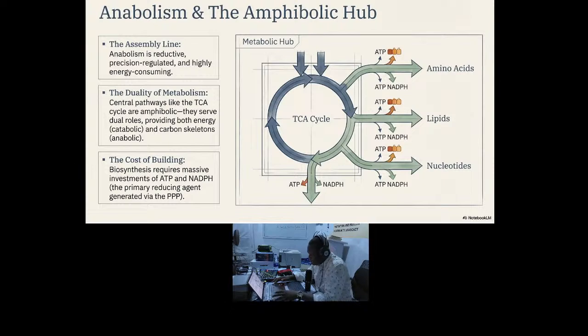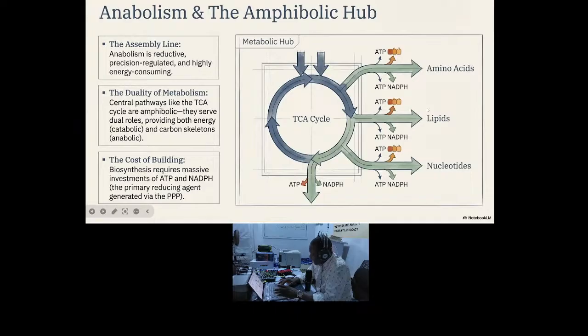Then the duality of mechanism: central pathways like the TCA, you remember the TCA, that is the Krebs cycle, are amphibolic. Why are they amphibolic? Number one, at a point in time they will be providing, they will be building amino acids.